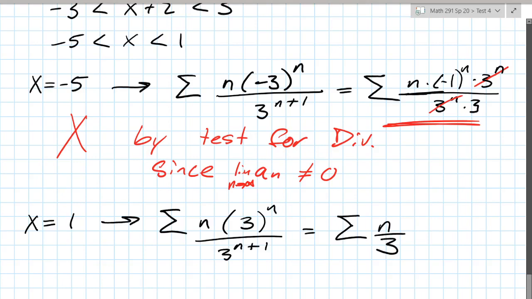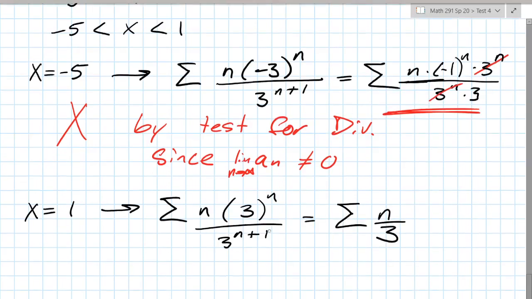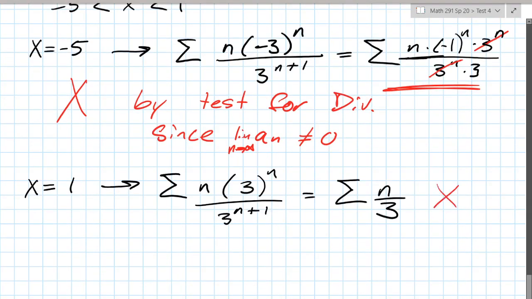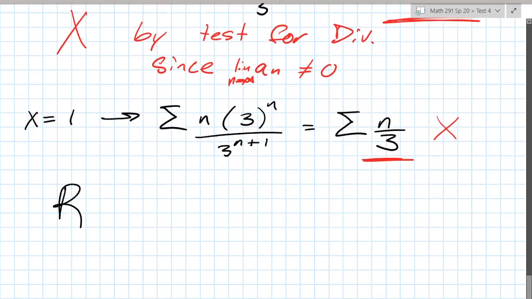Not alternating, but also divergent, since this limit is not going to 0. It's going to infinity. So what's our final answer? Our final answer is the radius of convergence is 3, and the interval that we're looking for is from -5 to +1. And that's the end of that one.